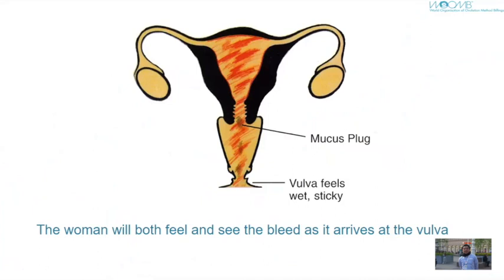It can be sensed at the same time it can be seen as it arrives at the vulva. During the days of menstruation, the cervix is open.